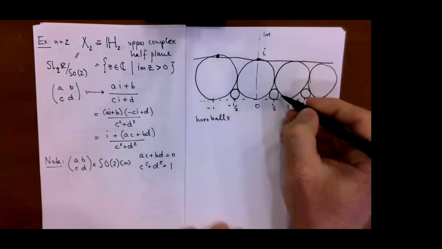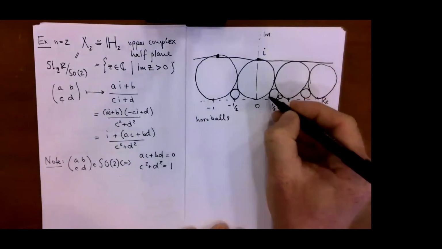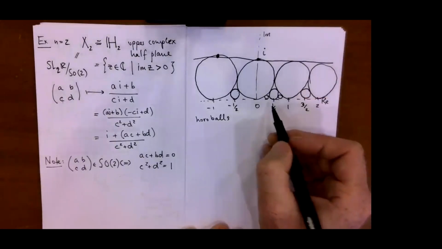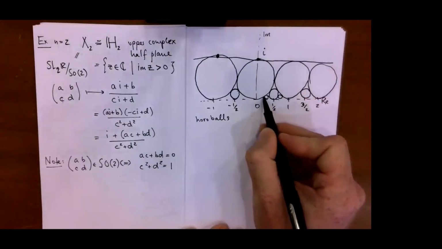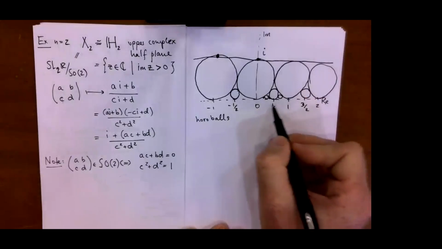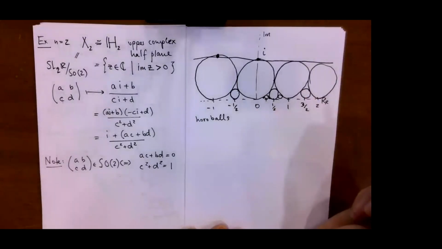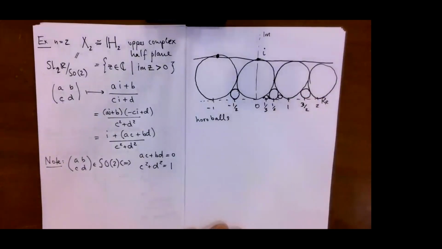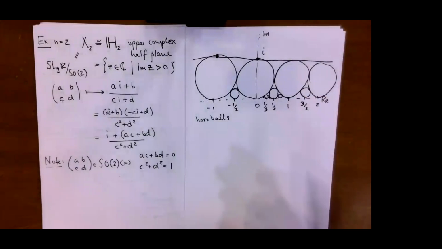But I can keep doing that. Now it's maybe a little less clear where this circle touches. But if I keep doing this, all of these circles always touch at rational numbers. In particular, this is 1/3, for example. If I do this ad infinitum, all the touching points are going to be exactly all the rational numbers.